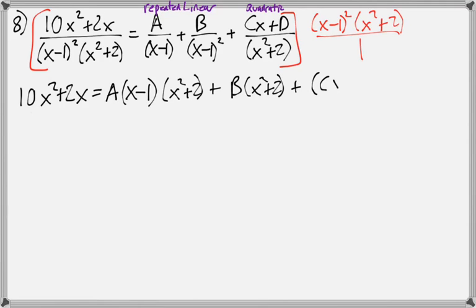And I'm going to put the cx plus d in parentheses, and it's getting multiplied by x minus 1 squared. So there's a lot of simplifying on this one.